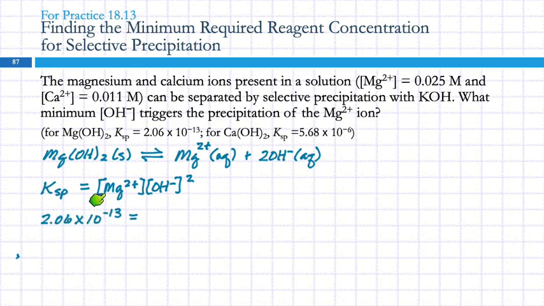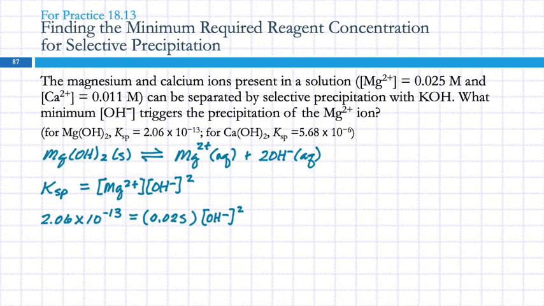And that's going to equal the magnesium ion concentration, which we were told 0.025, times the hydroxide ion concentration squared. So we can calculate the hydroxide ion concentration at the point where this is saturated in magnesium hydroxide.